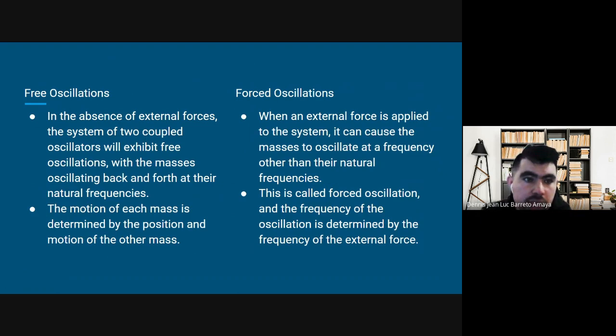In free oscillation after a force, the system of coupled oscillators exhibits free oscillation at its natural frequency. The motion of each mass is determined by its position and the motion of the other mass.